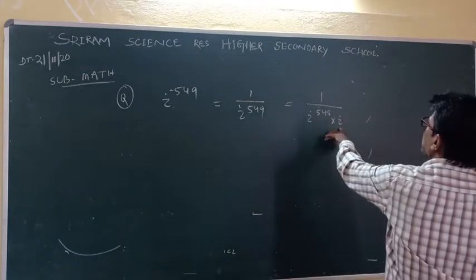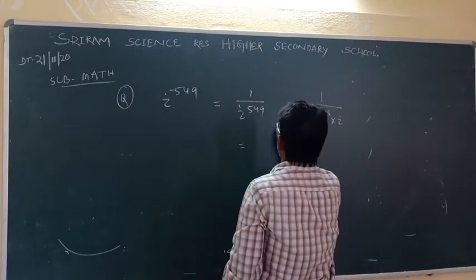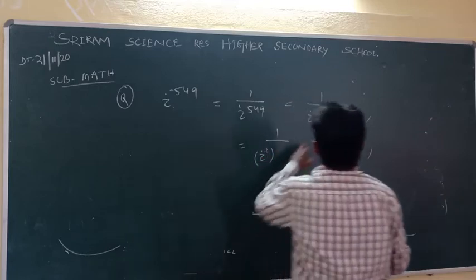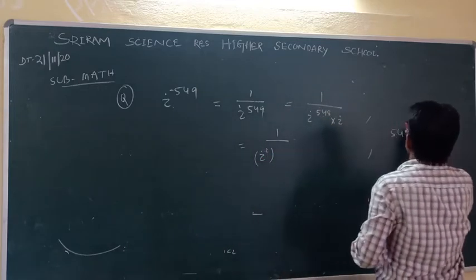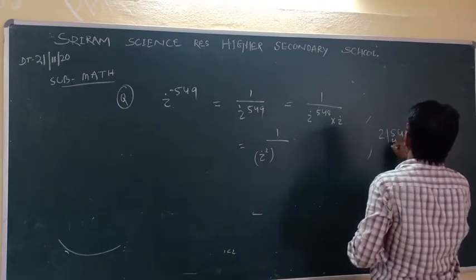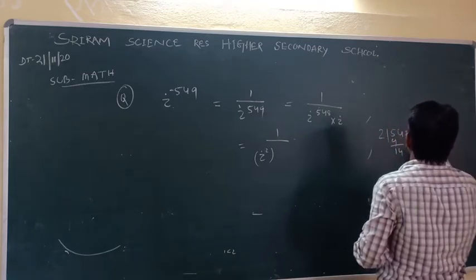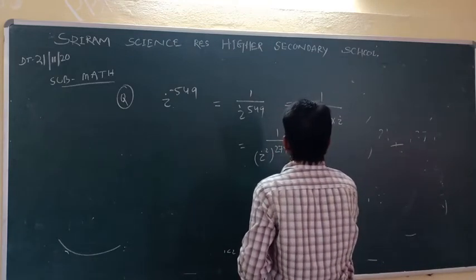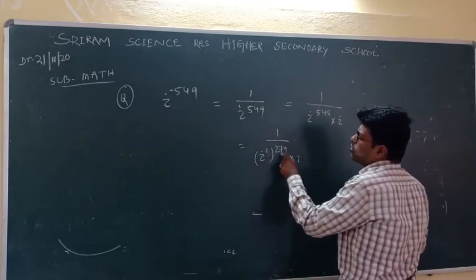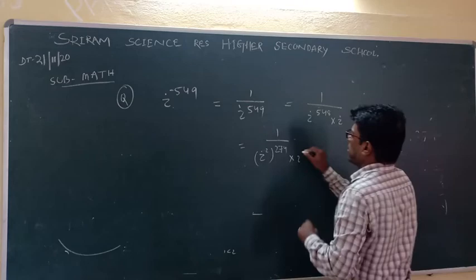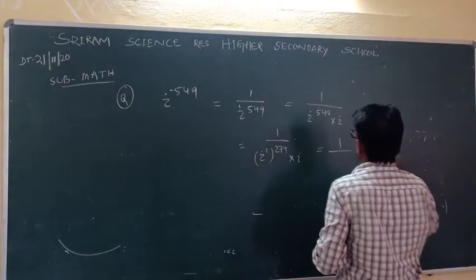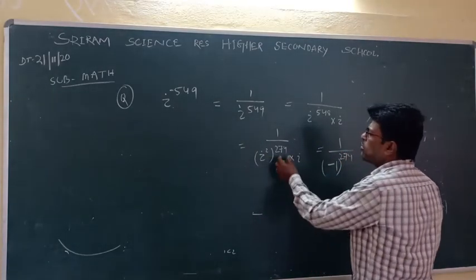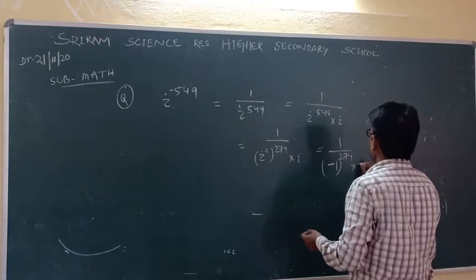You know the value of i squared, so i to the power 548 is i squared to the power 548 by 2, which is 274. So i squared means minus 1 to the power 274 into i.